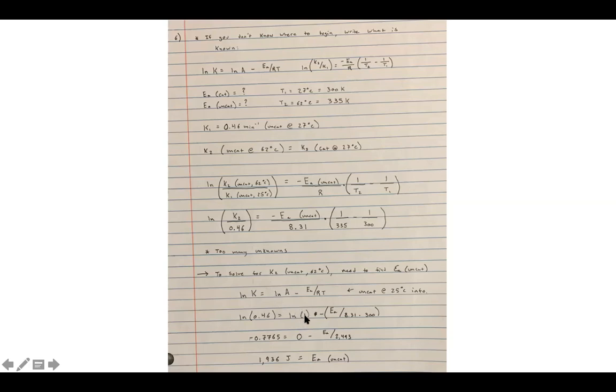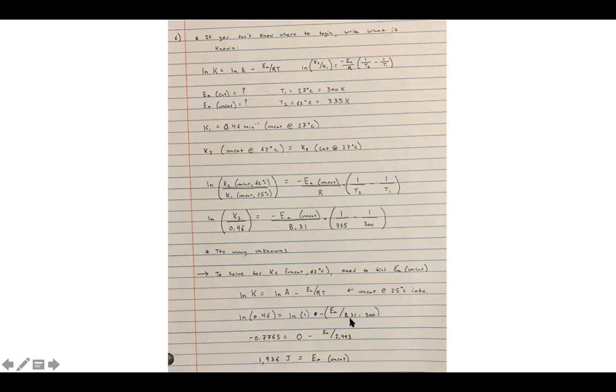So ln of 1, and then minus activation energy over R times T. All this information is for our uncatalyzed reaction at 25 degrees Celsius. So the temperature I'm going to use here is 300 Kelvin. I'm sorry, that's supposed to say 27 degrees Celsius, which is 300 Kelvin.